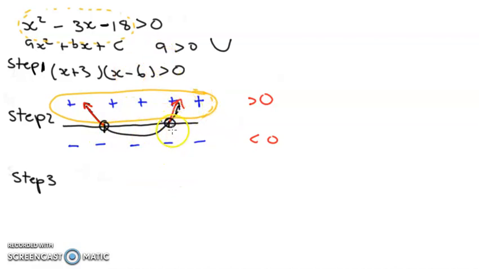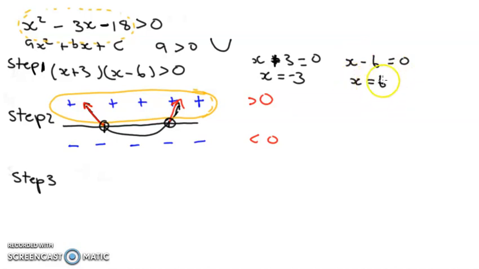And secondly, we want to know what these values will be. So we take x plus 3, equate it to 0, and therefore x is equal to negative 3. Then we also have x minus 6 equal to 0, and therefore x is equal to 6. So we have x is equal to 6 and x is equal to negative 3.